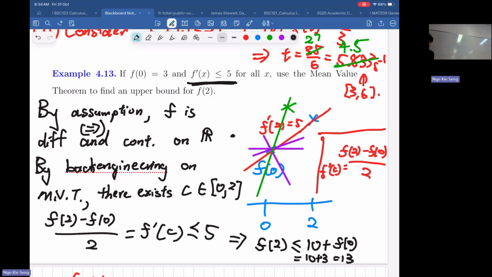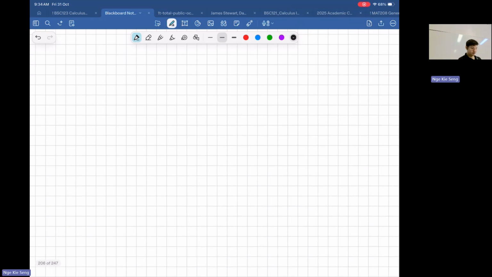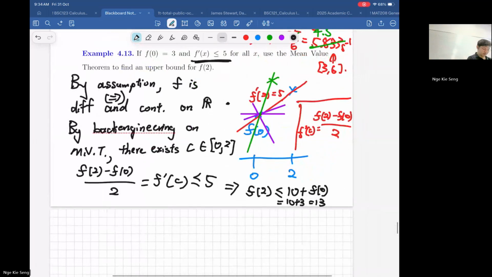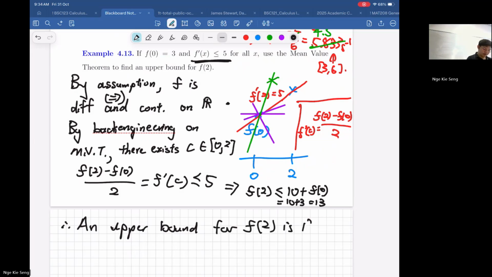If you put 14, correct or wrong? You said the upper bound for f2 is 14. Is it correct or wrong? Can I put 14?